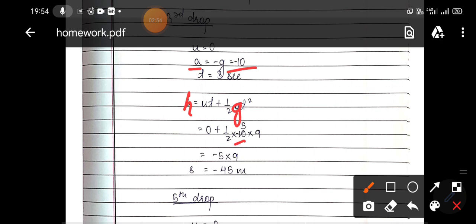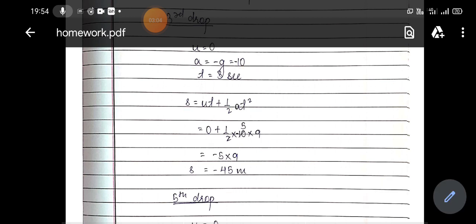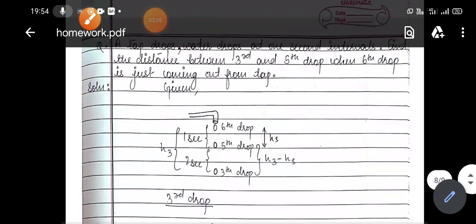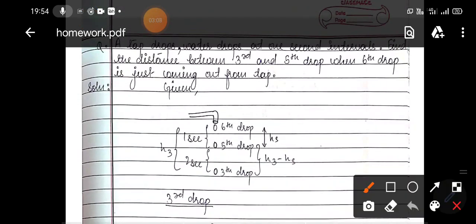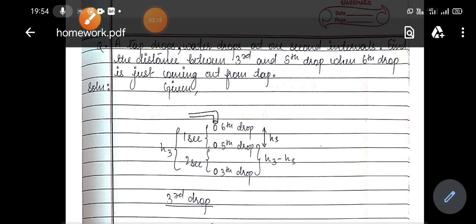So half into minus 10 into 3 square, since time is 3. 2 5s are 5, so 5 into minus 5 into 9, that means 45 meter. So the distance between the tap and the third drop is 45 meter.